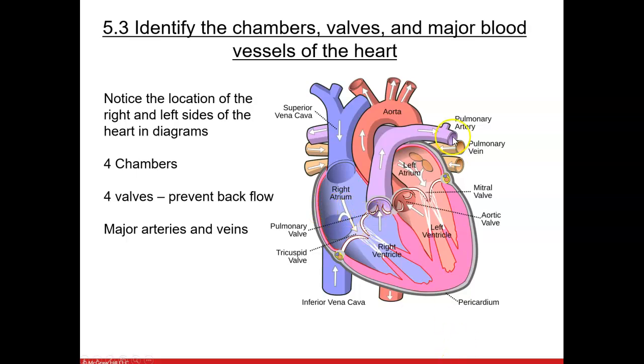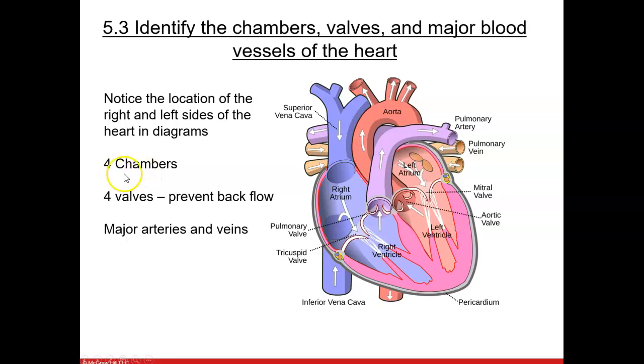As I'm staring at this, this is on my right side, but the individual that has this heart, this is their left side. So remember, when you're looking at a picture, the left and the right seem reversed because you're looking at the individual who owns this heart, their left or their right. So here's the left side, here's the right side.